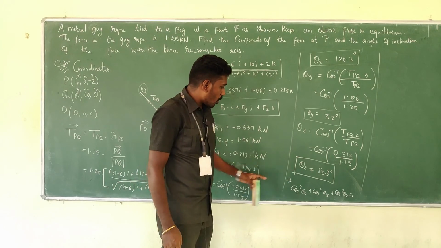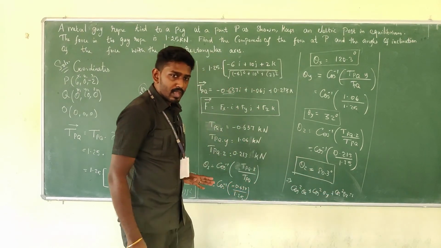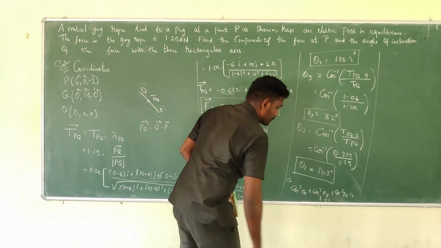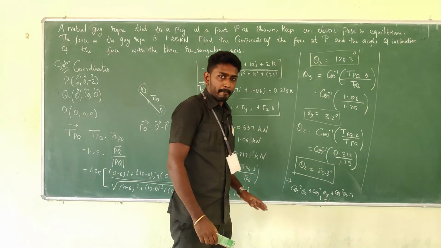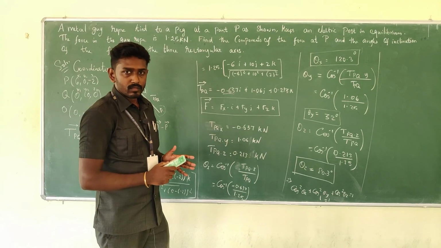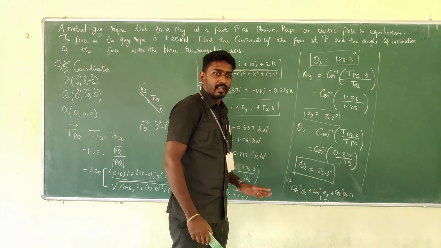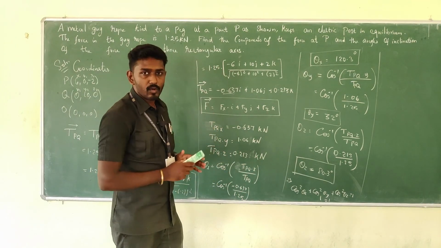Try to substitute all your theta x, theta y and theta z values. If your answer is equal to 1, then your arrived answer is the right one. If it is not equal to 1, then we can conclude that the answer was wrong.